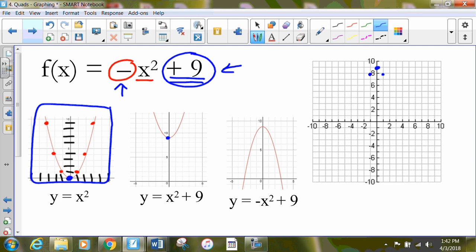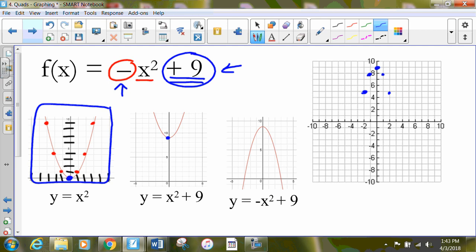So we did a version of this. Same thing if we went 2 to the right or 2 to the left. Instead of going up 4, I'm going to go 4 times negative 1, which is negative 4. So I'm going to go down 4. 1, 2, 3, 4. And let's do one more just for fun. If I were going to go 3 to the right or 3 to the left of the vertex, I would normally go up 9. That's the pattern.